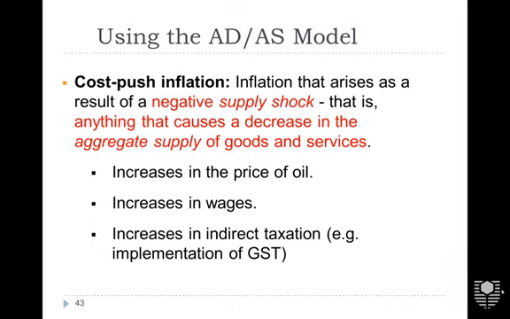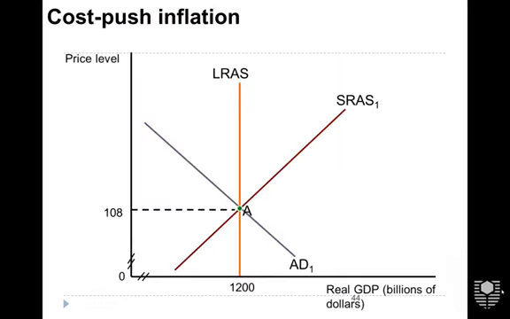Cost push inflation is from the supply side. Whenever there is a supply shock, or increases in the prices of oil, increases in the wages, or increases in the indirect taxation, there would be less supply in the economy. If there is a shortage in the supply, ultimately it will lead to higher prices, because there is a shortage in the market, and high prices driven by the shortage in supply will lead to cost push inflation.